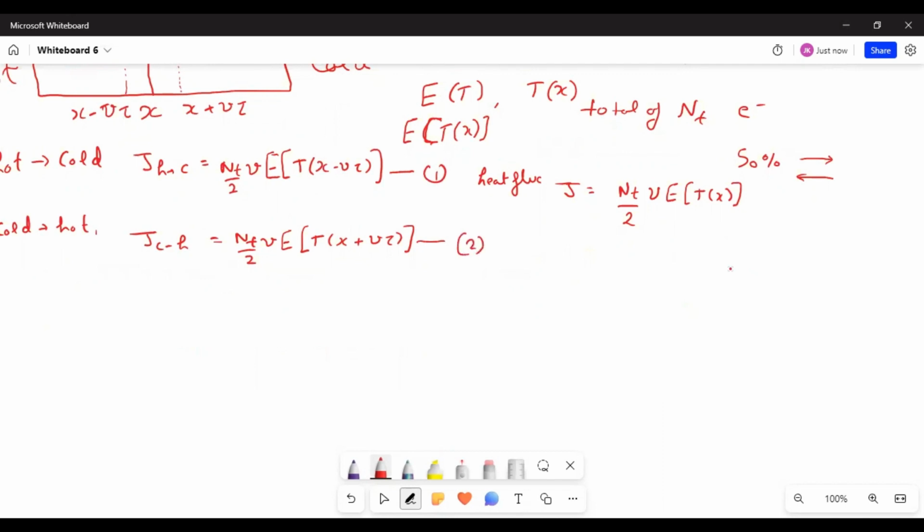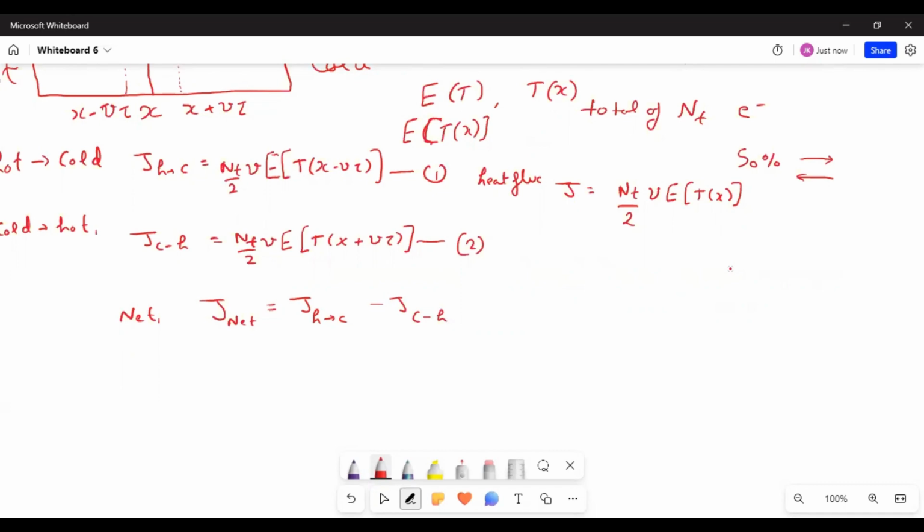So the net flow will be J hot side to cold side minus J cold side to hot side.